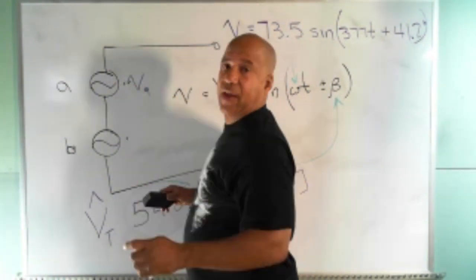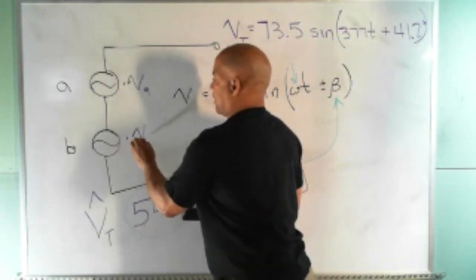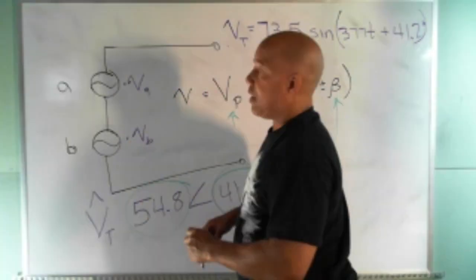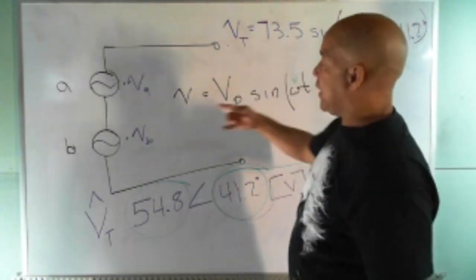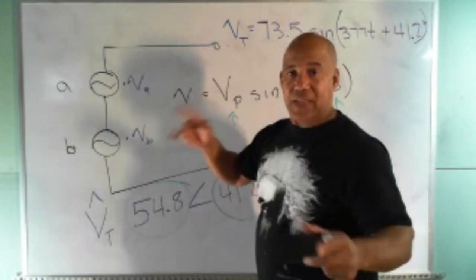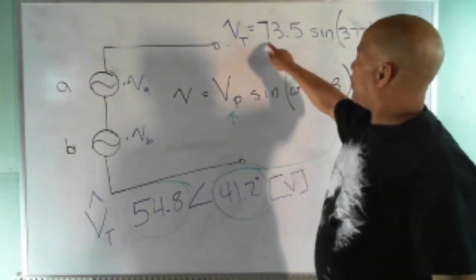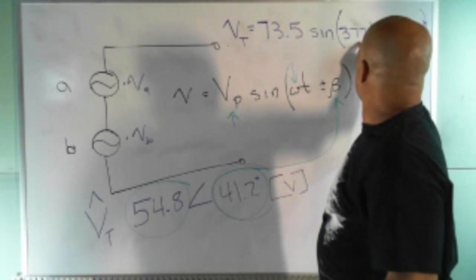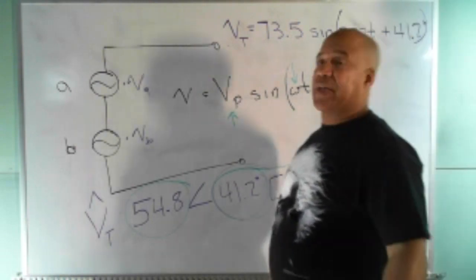You'll see a single waveform. If you put it across here, you'll see the waveform that represents the instantaneous voltage for VB. But if you put it across the whole thing, you see this. These two actually combine into one single big sine wave that looks like this. That has this peak value, the frequencies are the same, but now there's a phase angle. So that's a good exercise.